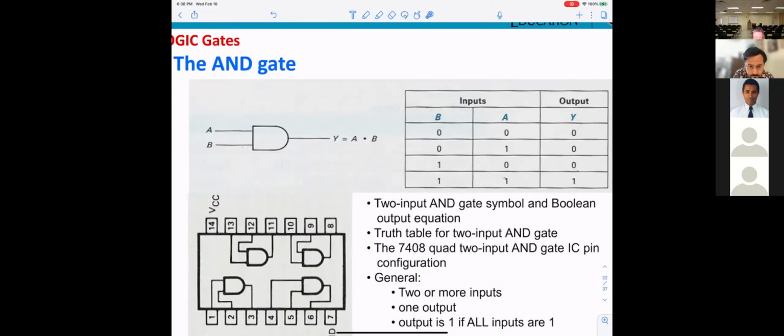And now this is the truth table for the input and the output.